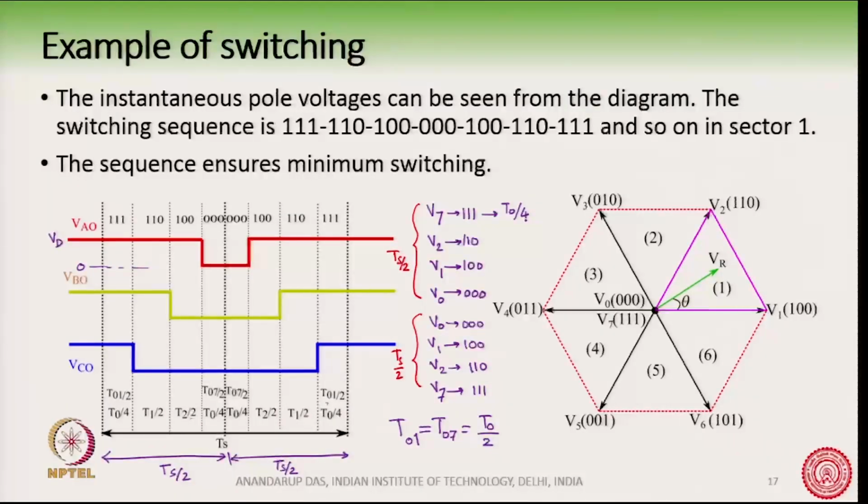In the next timing interval, which is T1 by 2, we have 1 1 0. So, you have VAO 1, VBO 1, VCO 0.